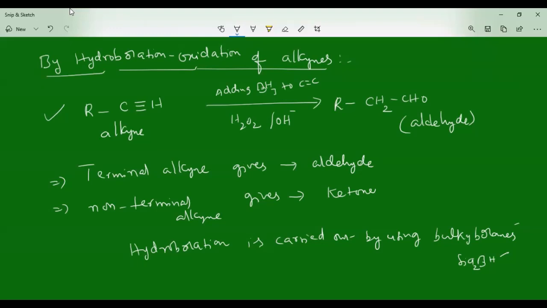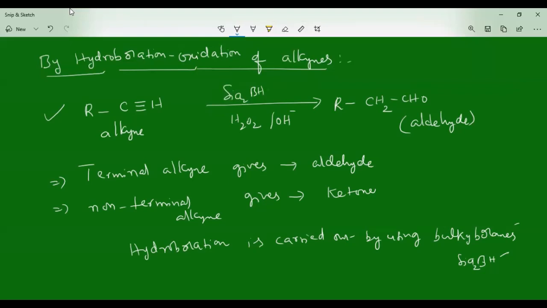So simply what you will write on the arrow mark in the exam is hydroboration oxidation. The bulky borane general formula you will write is Sia2BH. Okay.